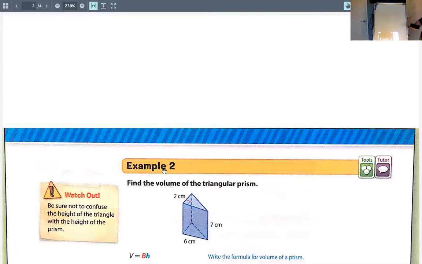Mr. Rosenthal, do you know how to do superscript in Shift 6? I think so. Okay.